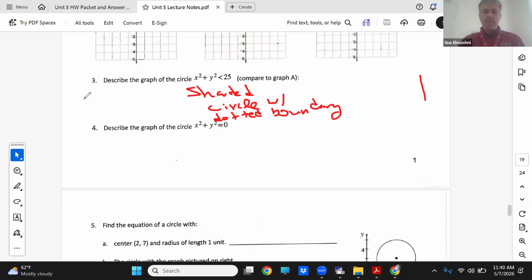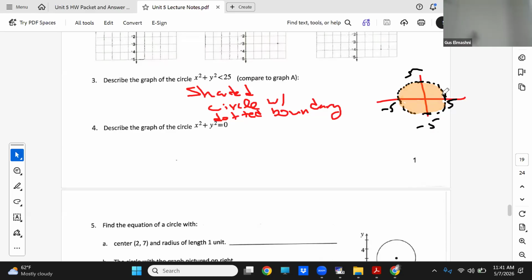So it's going to look like this. I just felt like drawing the sun. Okay, like drawing an orange.